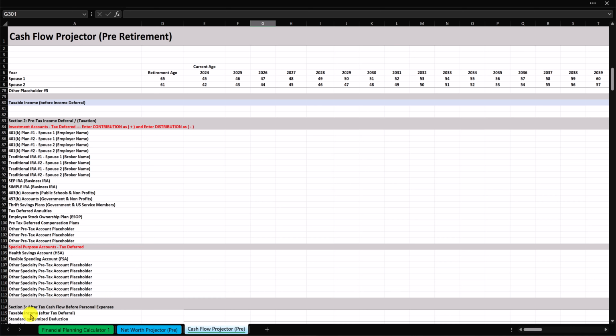the tax calculation. However, distributions from those types of special purpose accounts will not go here, generally speaking, because as long as those distributions are used for the intended purpose of what the account was created for, in other words, medical or health-related expenses in the case of an HSA, then those distributions are not taxable, and therefore they would not go right here above the tax calculation.